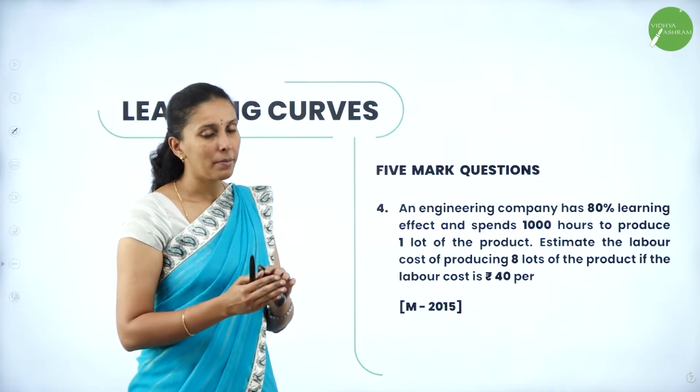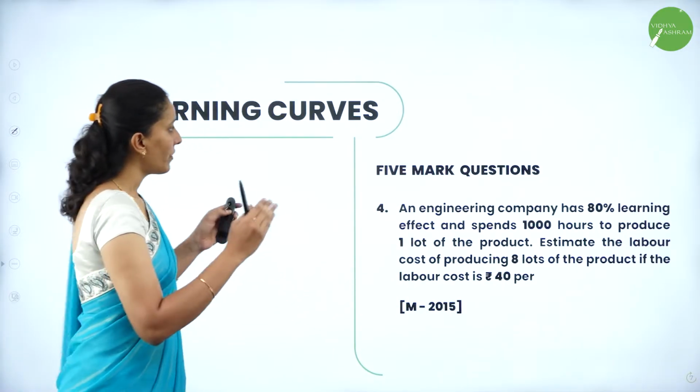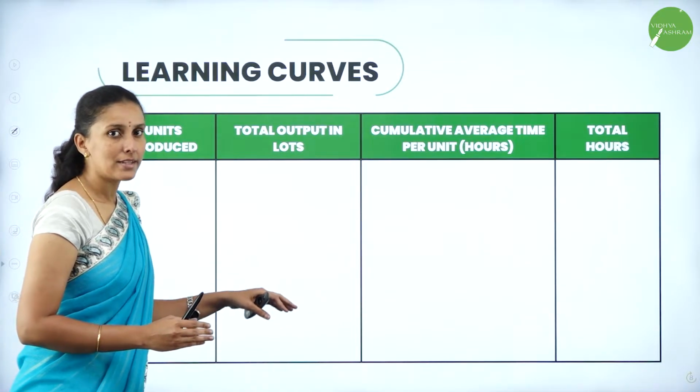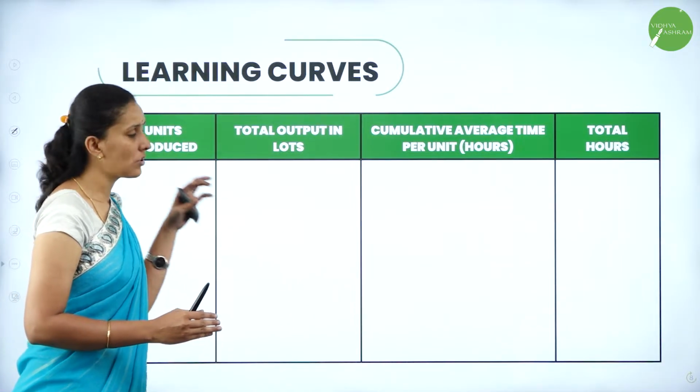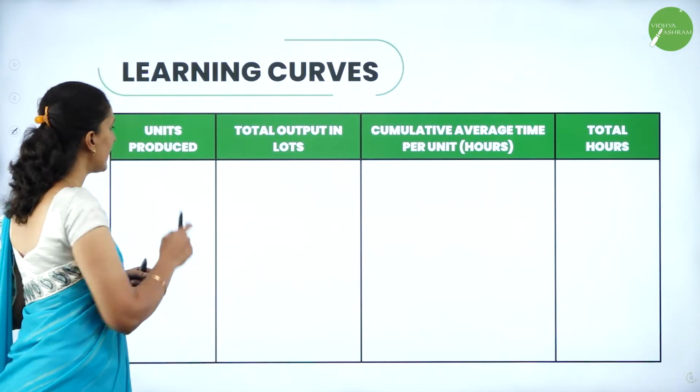Now we need to estimate the labor hours as well as the labor cost for 8 lots. We have a tabular method to find the labor cost as well as the labor hours for the total 8 lots produced.